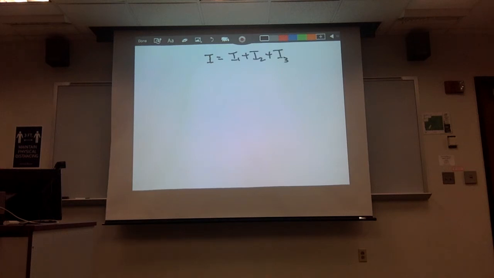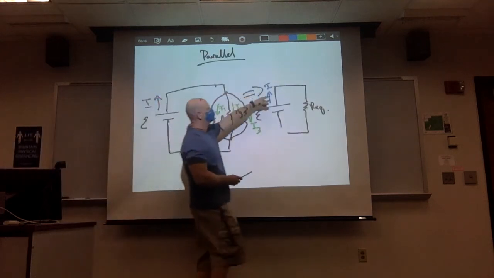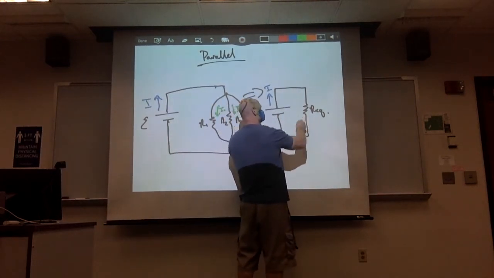Now again, Ohm's law tells us the potential is equal to the current times the resistance, which means the current is equal to the potential divided by the resistance. So the right hand side I'm going to write as the EMF divided by R1 plus the EMF divided by R2 plus the EMF divided by R3. But again, conservation of energy tells me that this potential here has to be the same as this potential here.